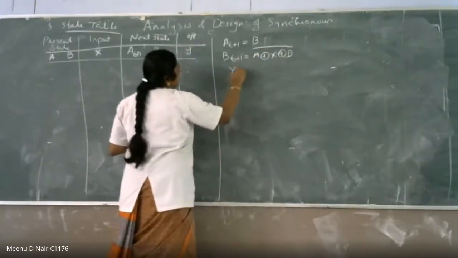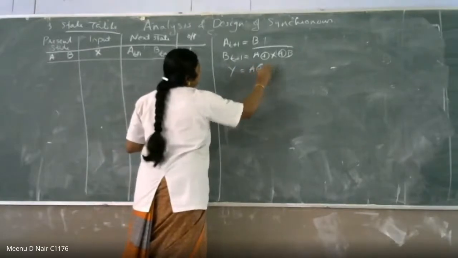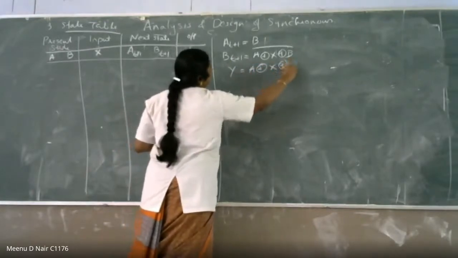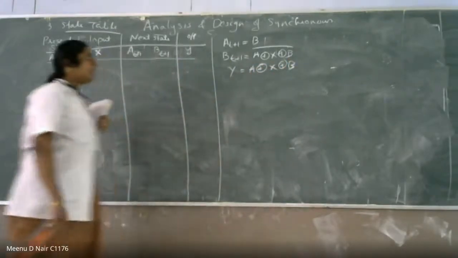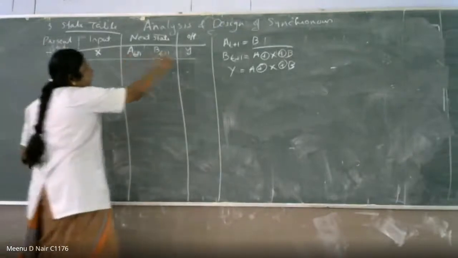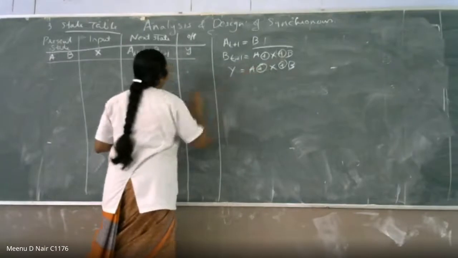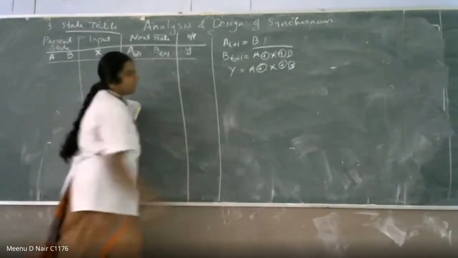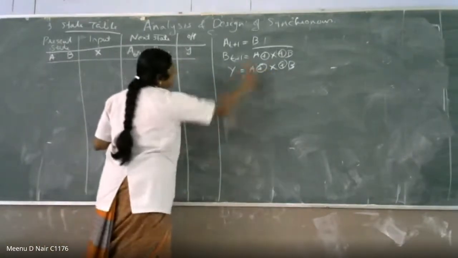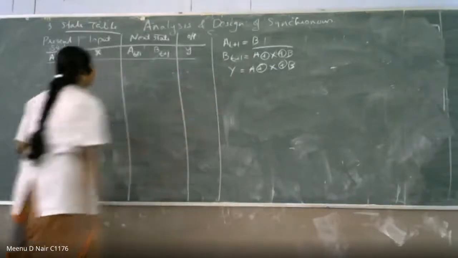Then Y is equal to A XOR X XOR B. Here it is whole bar and this is Y.